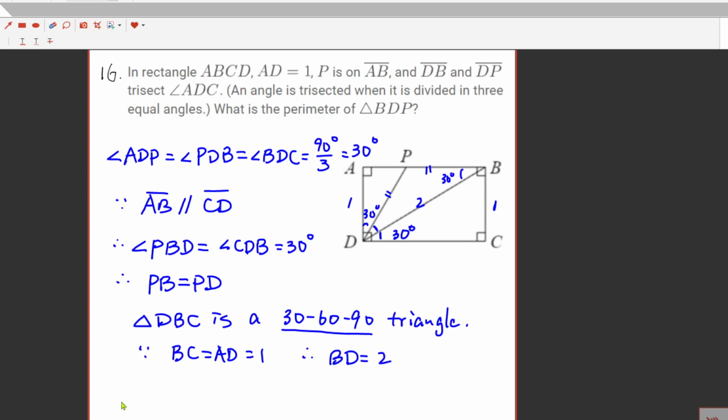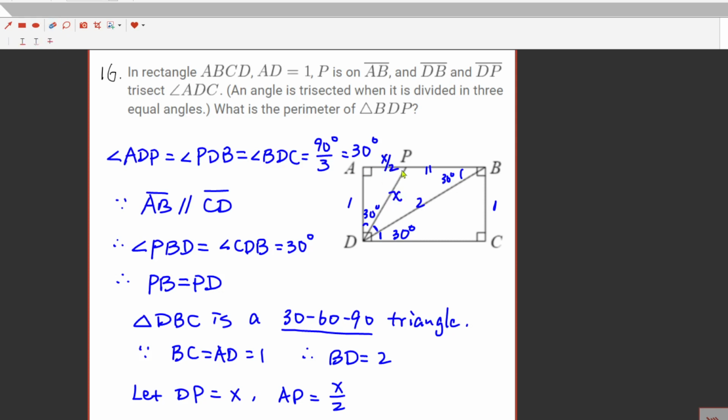And similarly, triangle DPA is also a 30, 60, 90 triangle, right? So we know this side, PD, must be twice AP, right? So if we let DP equal X, then AP must equal half of X, right? Because we want to solve the length of DP.